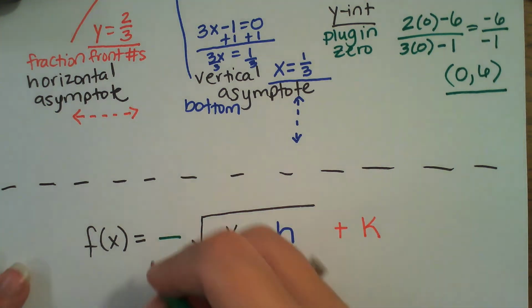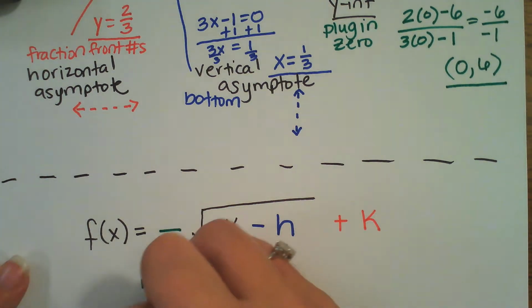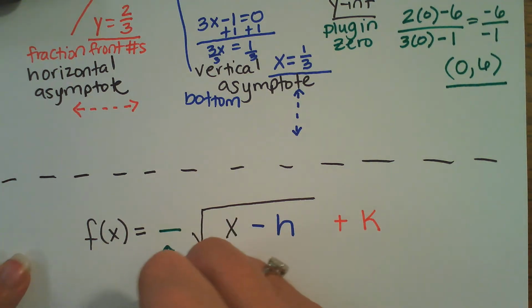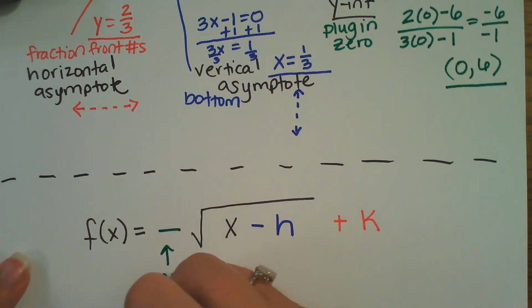If there's a negative in front, it causes a reflection across the x-axis.